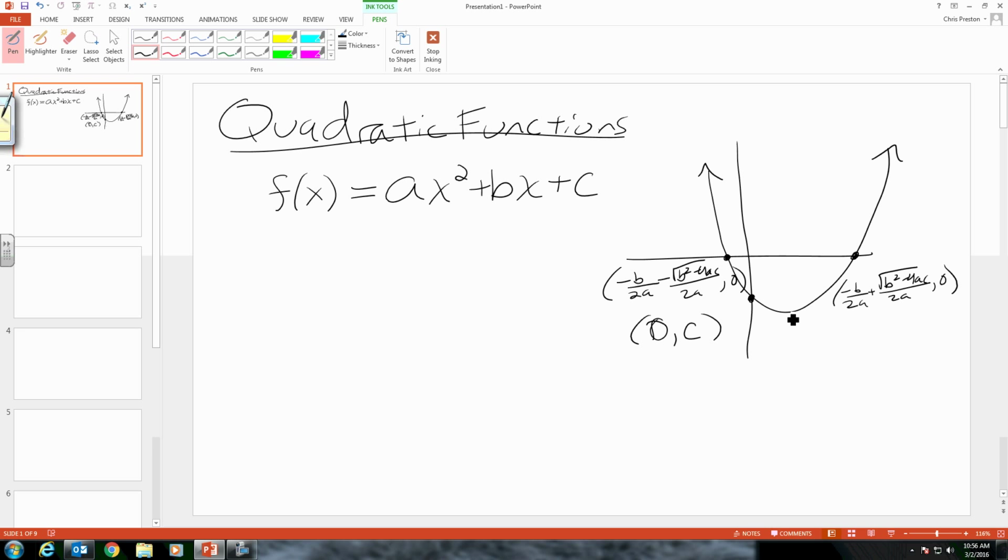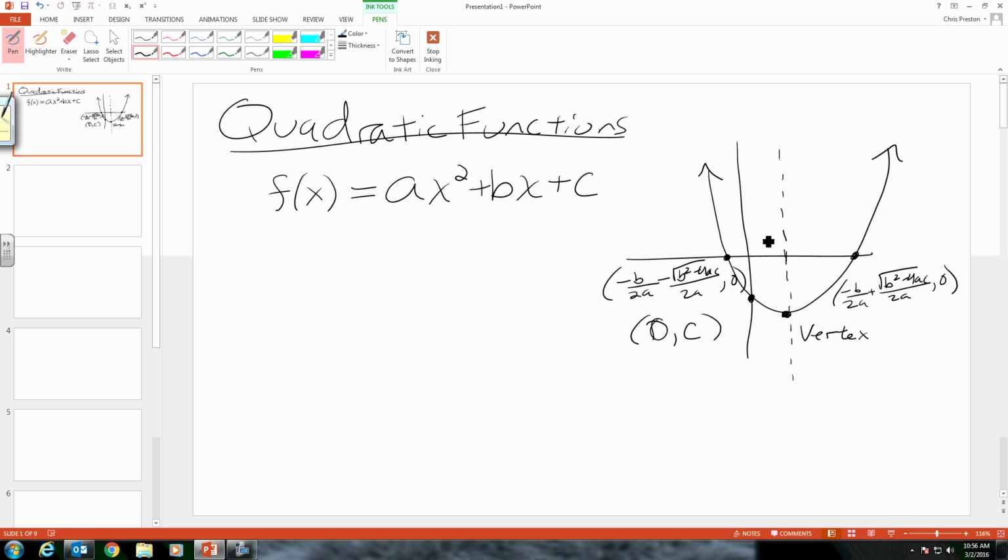And then there's another spot that we want to find, and that is called the vertex. And the vertex is this point where it turns around. But we're going to use the fact that all parabolas are symmetric to a line that goes down the middle. So we've talked about some types of symmetry, but this is not one of the things we've talked about yet. But all parabolas have a symmetry to this vertical line.